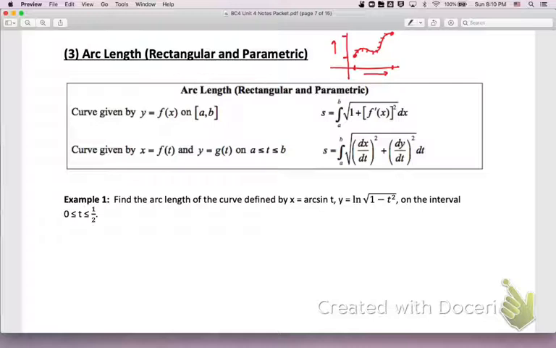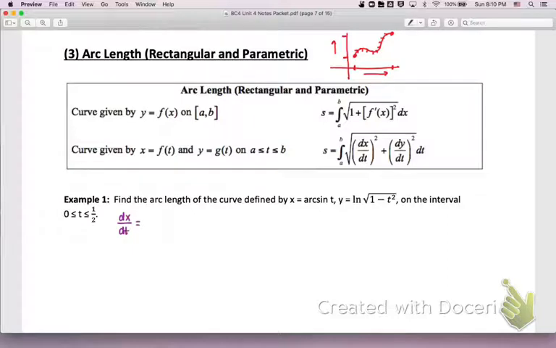So let's talk about how we can set this up using the calculator a little bit nicely. This is where we want to be able to use our functions menu in the calculator. We need to go ahead and find our derivatives first, and then we'll set our calculator. So to start, we need to figure out dx dt.